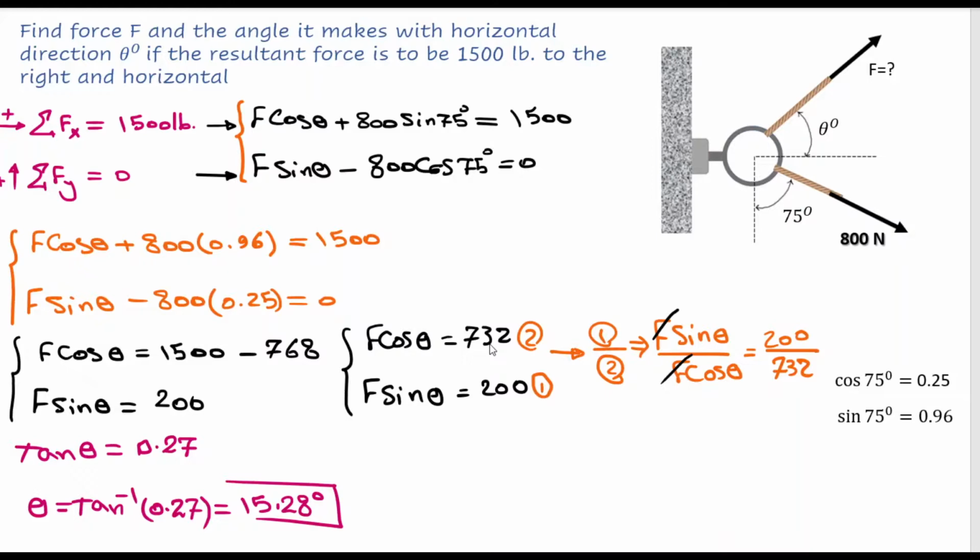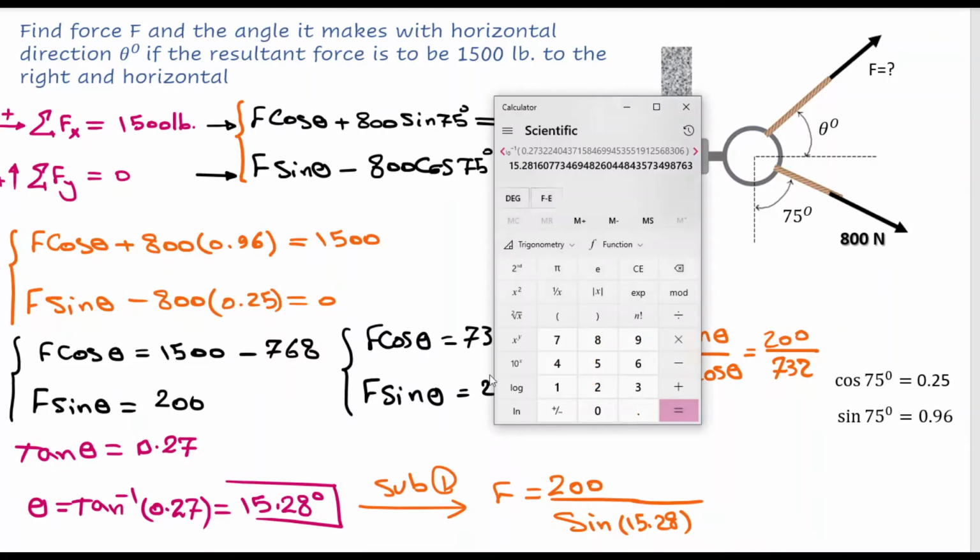The second part is how much is F. To calculate the value of F, you just need to solve in equation number 1 or number 2. So I can substitute my theta in equation number 2. Then I have F equals to 200 over sine theta. That theta is 15.28. Let's do it.